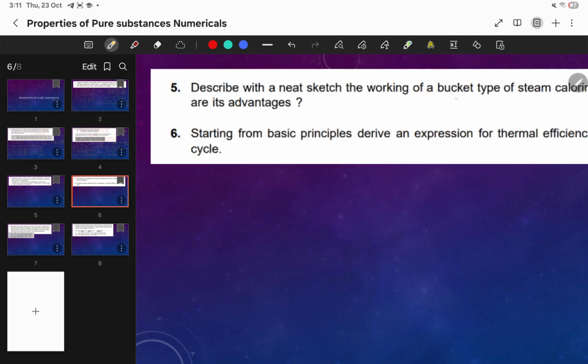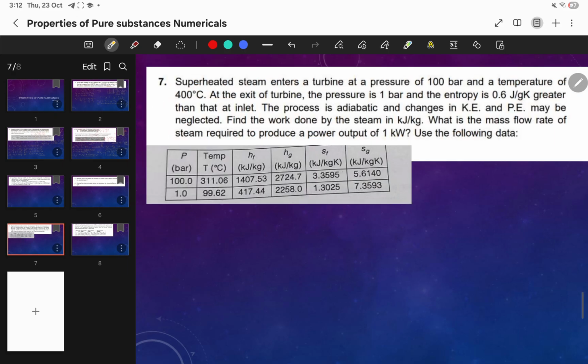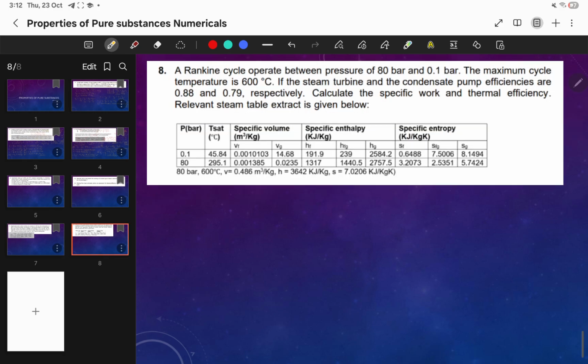Describe the bucket type steam calorimeter and its advantage. Okay, so this question you have to do by yourself. Start with the basic principle, derive the expression for thermal efficiency of the Rankine cycle. Yes, we will discuss this thing. I think this section is from the Rankine cycle question. Okay, this is the Rankine cycle.